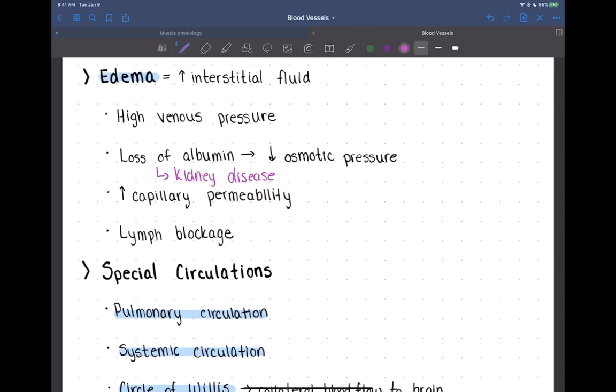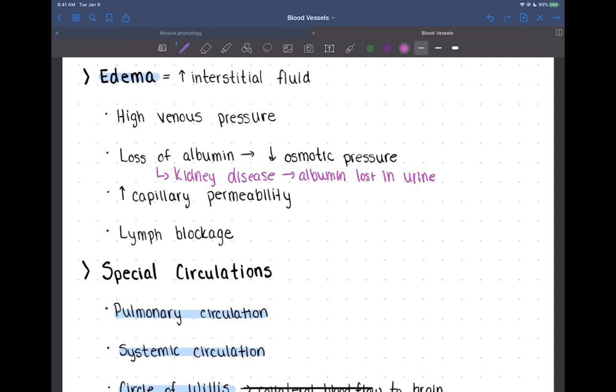However, in a kidney that's diseased, those openings kind of tear and become damaged and become much bigger. And so that albumin can be lost in the urine. All right. And so that could cause edema as well.